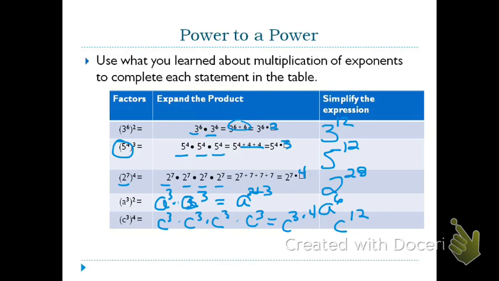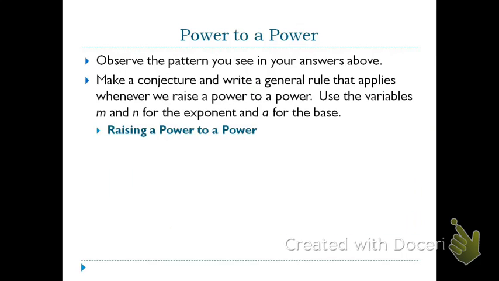Do you see the shortcut we could have done from the get-go? You simply multiply the power and the exponents together. The power of the power together. Okay, let's see if you can make that algebraic rule based on what we just said, using the variables a for the base and m and n for any exponents.